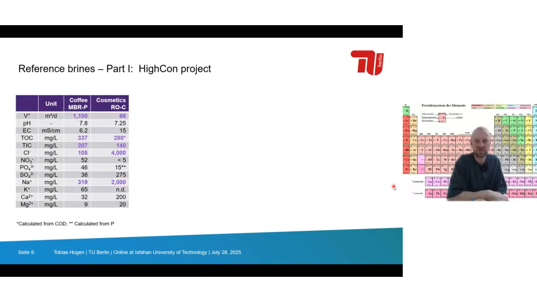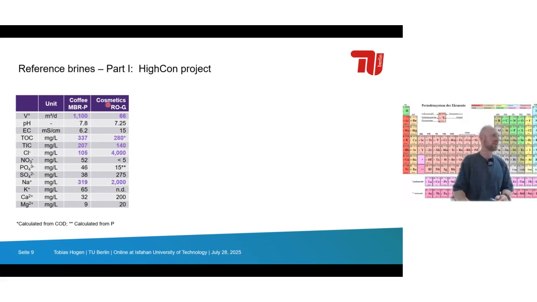Okay, so now we have reached the results section. Just a short overview of the two, let's say, major effluents. One is from the coffee industry. In the end, it's just an industrial coffee brewery, and they produce a lot of brine with refractory organics and salts, of course, mainly from the cleaning process.